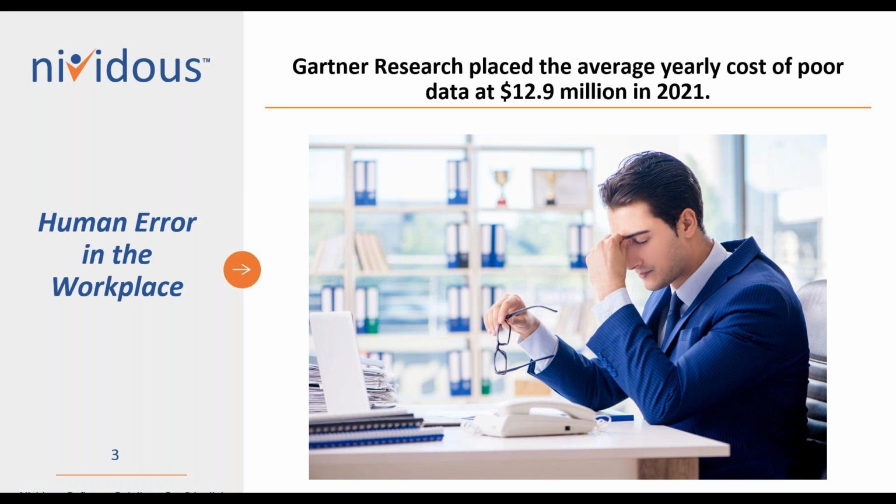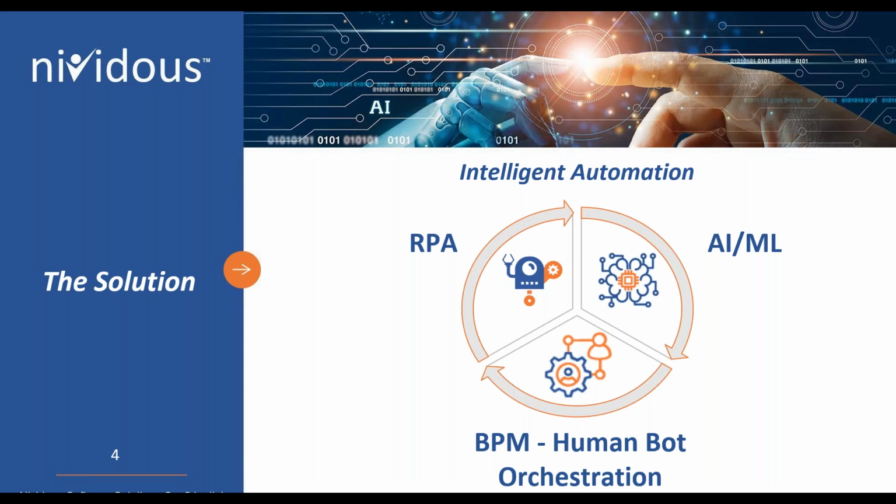So what we're going to talk about today as a potential solution to these problems with human errors is intelligent automation in general. I think a lot of times when we bring up automation or intelligent automation, everyone's mind goes directly to RPA. Well, I say everyone, but probably not everyone.